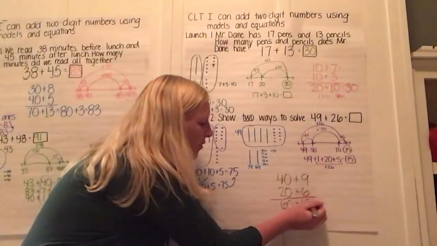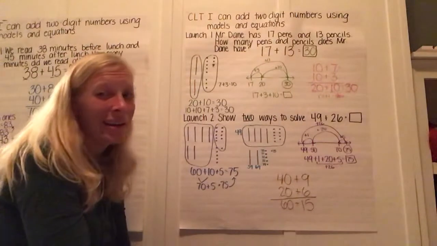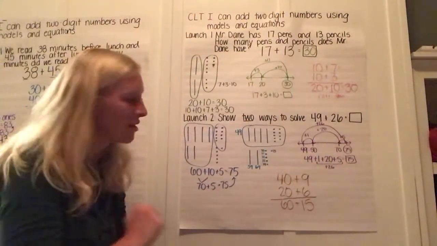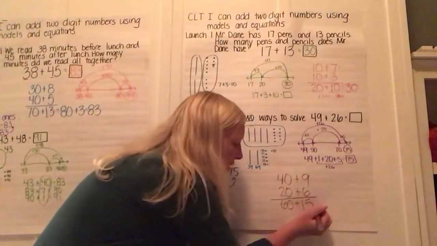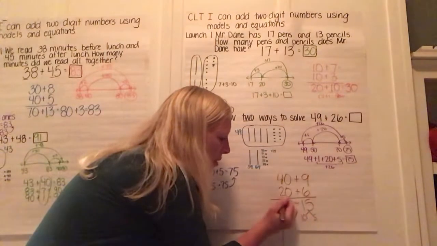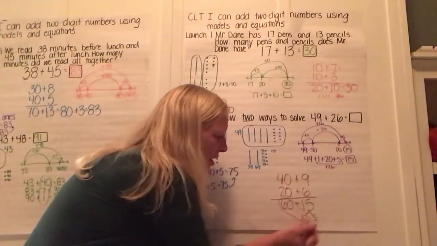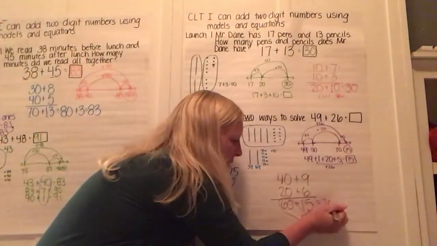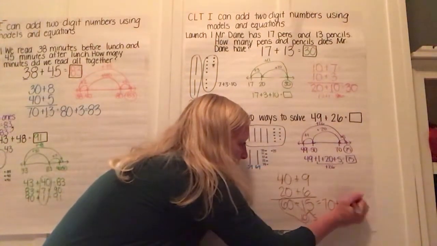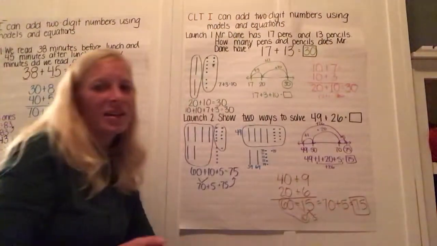And how did they get 15? 9, 10, 11, 12, 13, 14, 15 is that sixth one. And then what do they do? Decomposed. So we have 60 plus 15 is the same as 70 plus 5, and we get 75 as our sum.